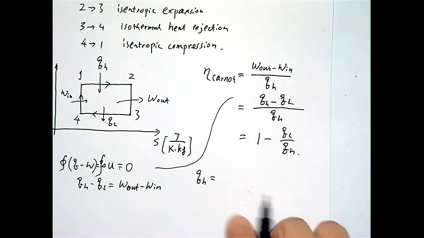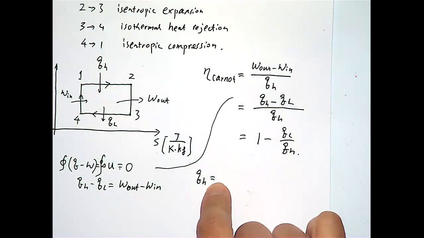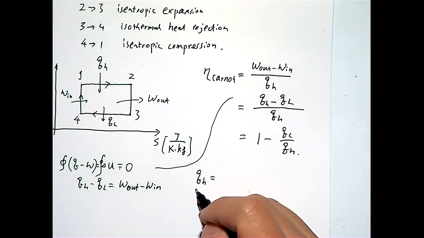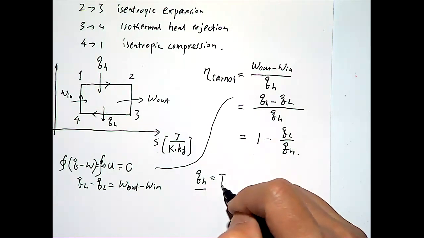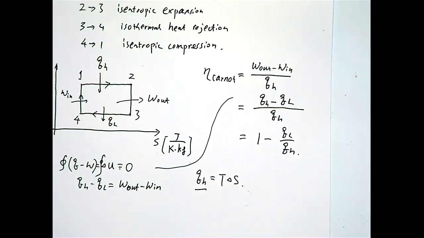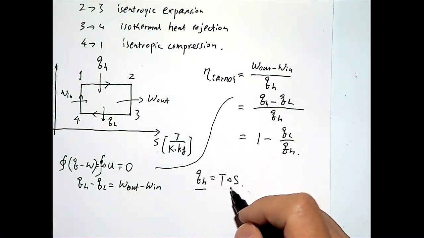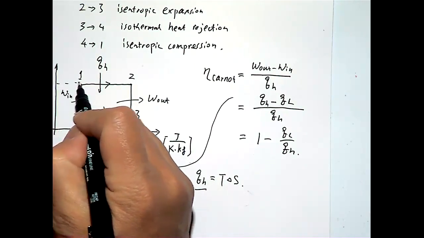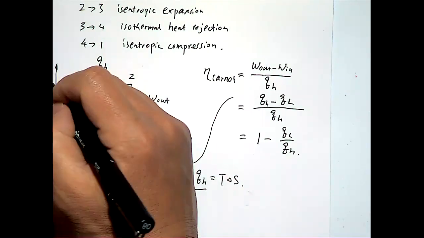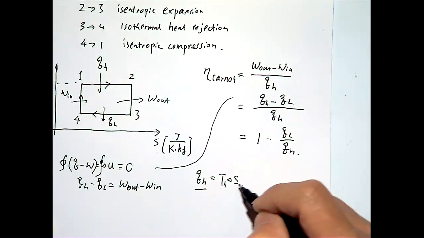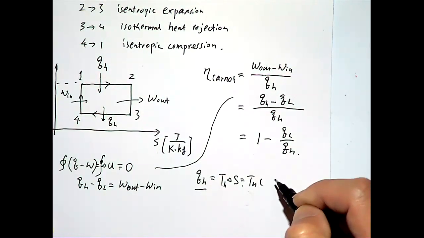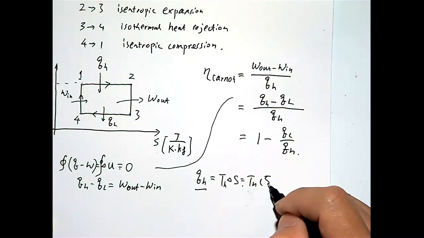Because this is an ideal cycle, which is reversible, the heat transfer can be written in terms of T delta S. We said for a reversible process, the heat transfer equals TdS. In this case the temperature is constant, equal to TH, and the change in entropy would be S2 minus S1.